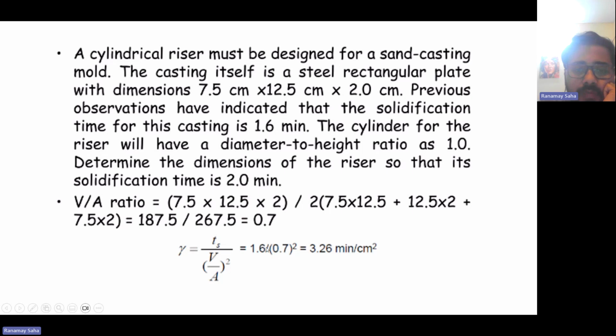Just plug in the value of 1.6, and for the casting modulus plug in the value 0.7. Then you find gamma coming out as 3.26 minutes per centimeter square. You got it, right? Now just have a look, then we'll proceed with the next part of the problem.